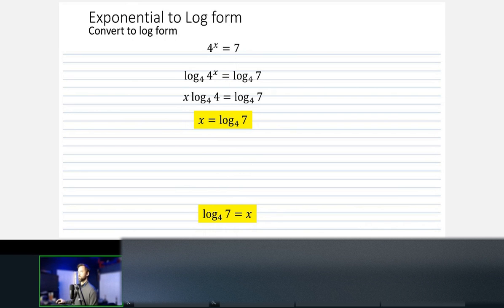Now, if you decided to log both sides without doing log base 4, we would basically have x log 4 equals log 7, correct?